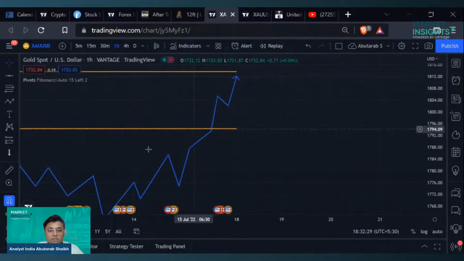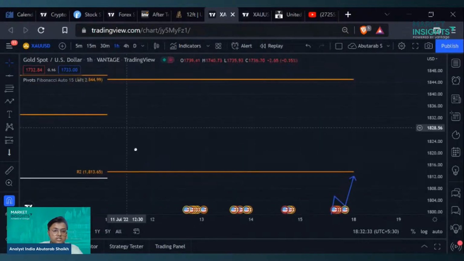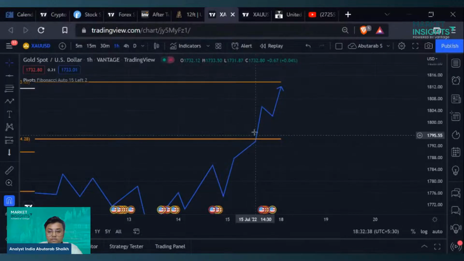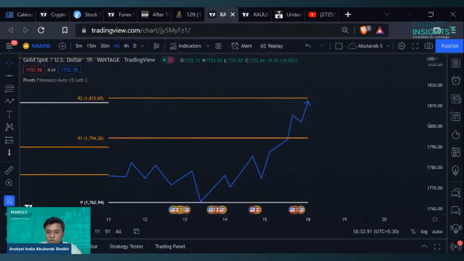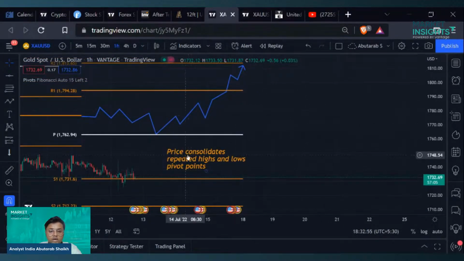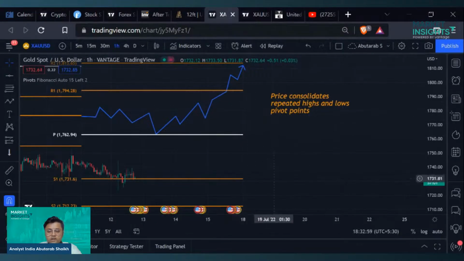When this resistance line, R1, is breached, similarly S1, S2, S3 and R1, R2, R3, and I'm confirming it with some other indicator, I can keep my target somewhere here, keep my stop loss below the pivot point, and earn good money. This is pivot points. A very good indicator, but you have to remember that we have to complement it and get confirmations also. Three things we have considered.